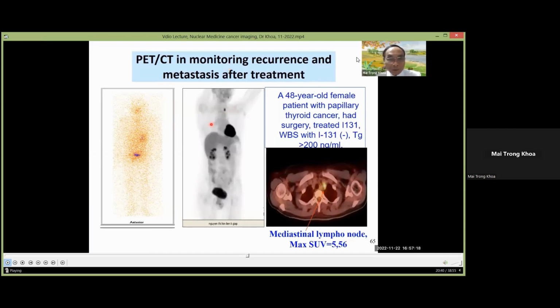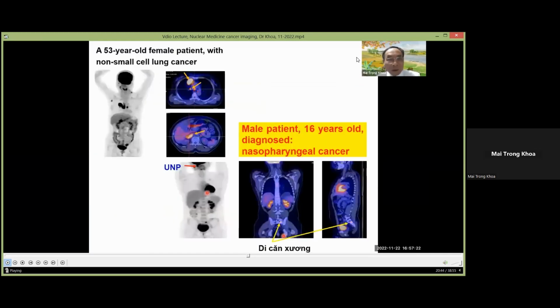You can see here. And we can easily see other PET-CT images of a lung cancer patient with lymph node metastasis, which you can see here.